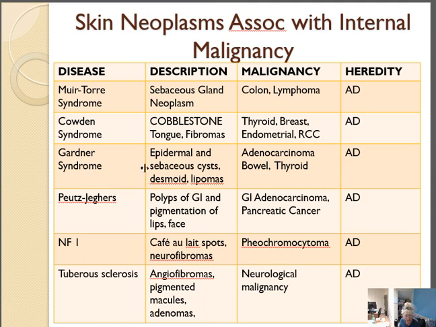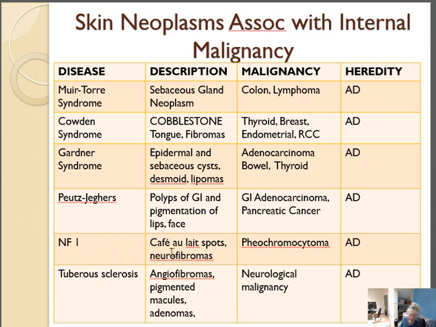Gardner syndrome, epidermal and sebaceous cysts, desmoids, and lipomas. You see this in adenocarcinoma of the bowel and thyroid, also autosomal dominant. Peutz-Jeghers. These are polyps of the GI tract and pigmentation of the face and lips. You see these in adenocarcinoma of the gastrointestinal tract as well as pancreatic cancer, again autosomal dominant.